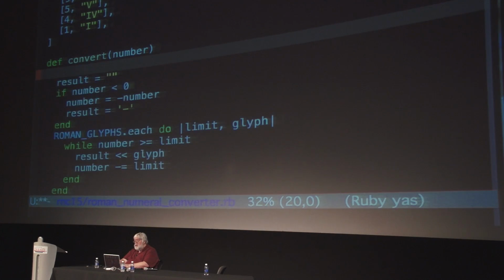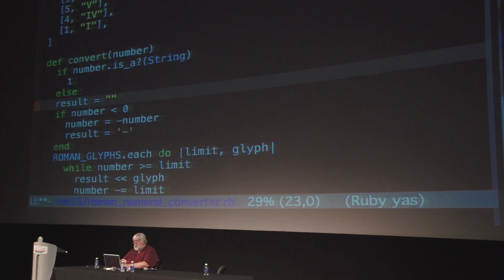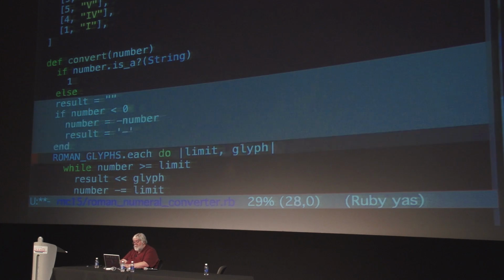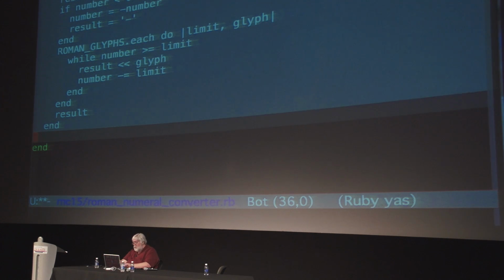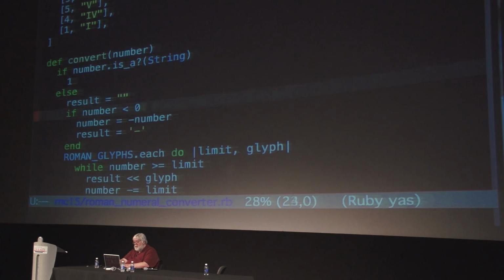So what I need here to say is if number is a string, then return a 1, else do all this stuff. Okay, so now I've got a big else in this.